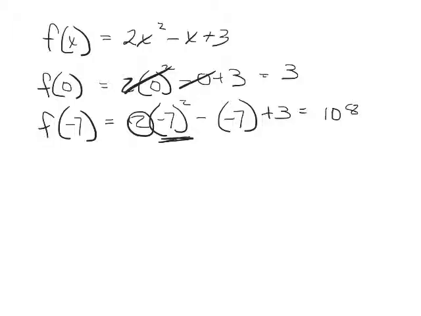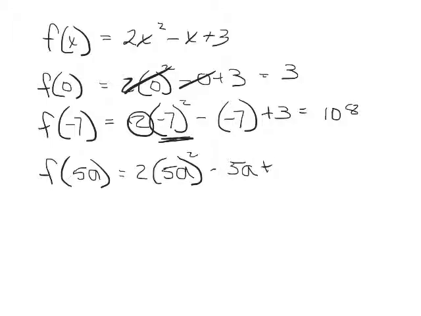Okay, f of 5a. All you're doing is plugging that 5a into x. So minus 5a plus 3. So obviously your answer is going to have a variable in it. In fact, in this one you're going to get, when you go through all the math, 50a squared minus 5a plus 3.